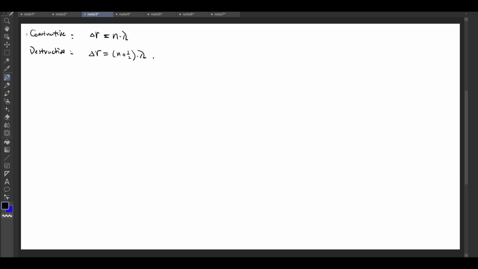Okay, so let's summarize what we talked about in the previous picture. That's the superposition of 2 waves, and we're looking at the special case of in-phase sources, and that superposition of the waves can be either constructive or destructive at certain points in the space. And we found out the relation for that to happen.